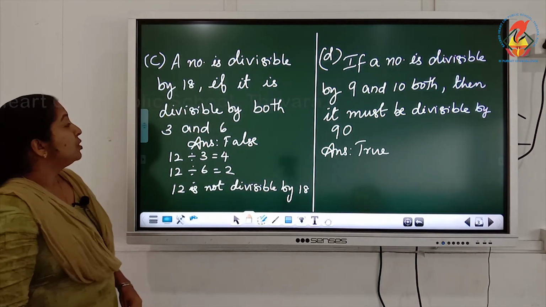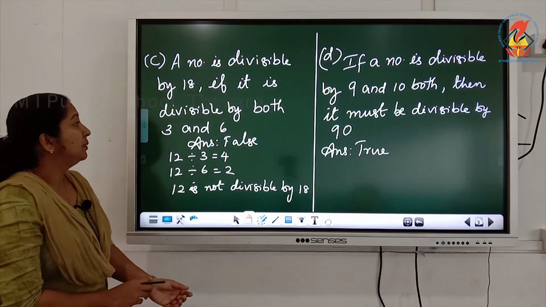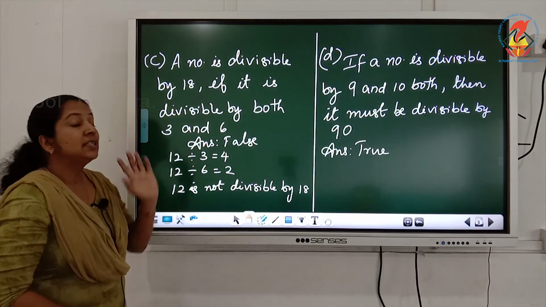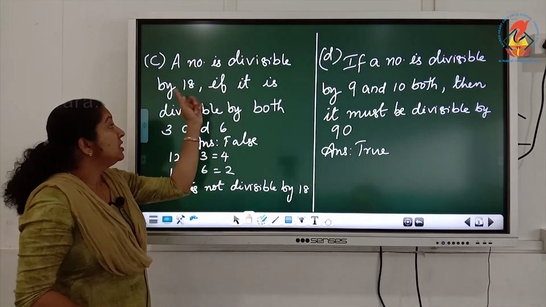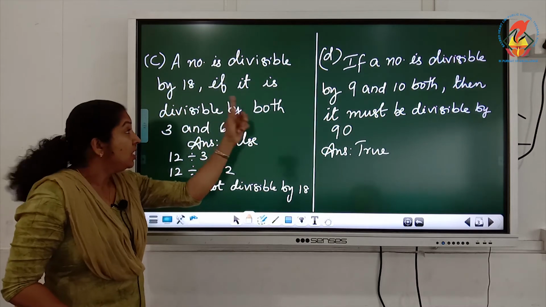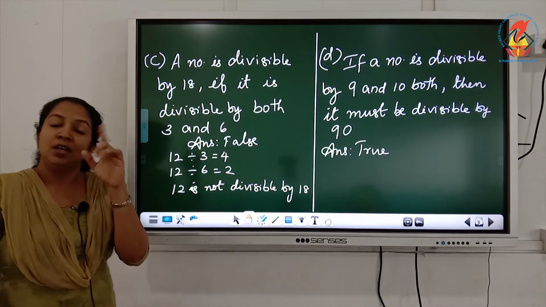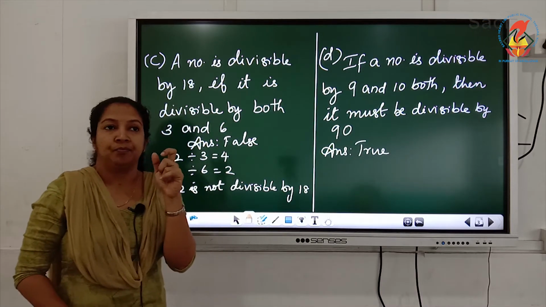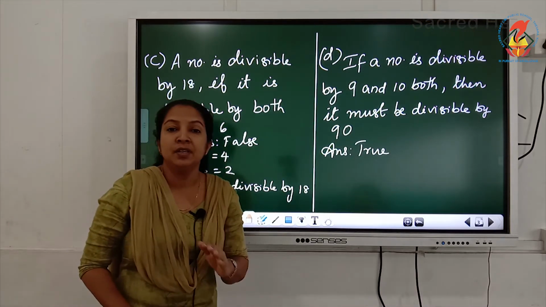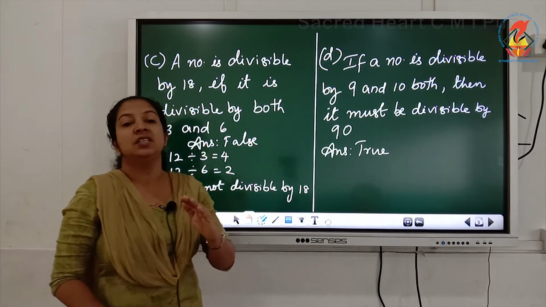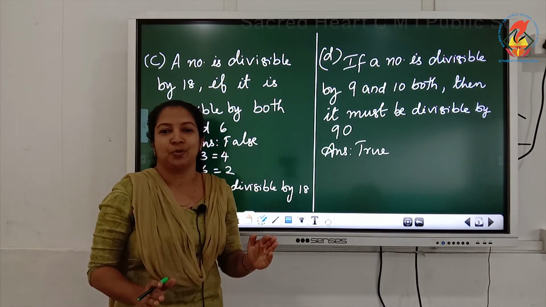Next one, a number is divisible by 18 if it is divisible by both 3 and 6. Here also we have learned one statement: if a number is divisible by two co-prime numbers, then that number is divisible by their product also.